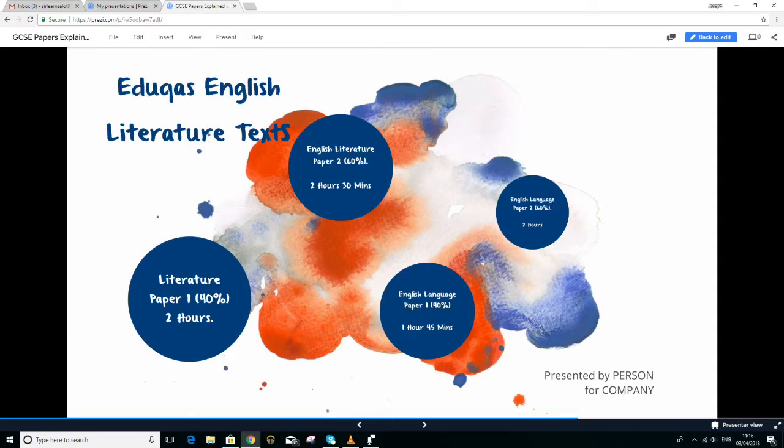If you just type into Google Eduqas English Literature or Eduqas English Language, then you're able to get what are called the specifications, which give you a layout of how each exam is laid out, so you can have a look at the format for yourselves. But as I say, there will be other videos on that coming online soon.